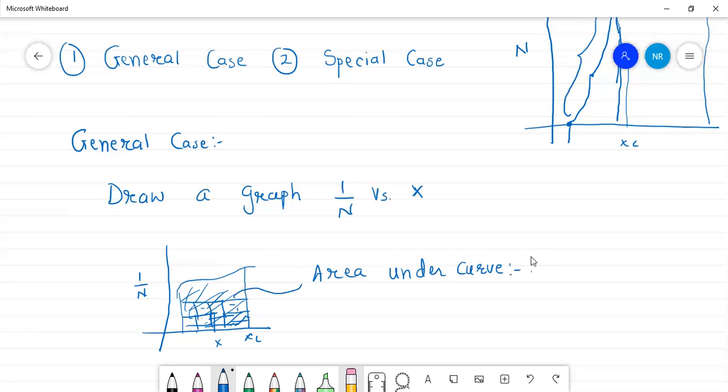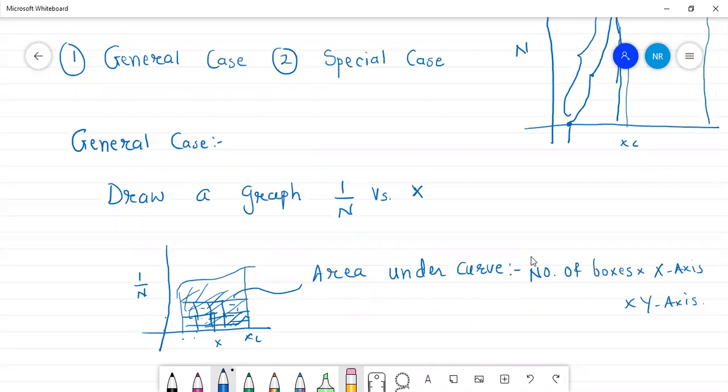So number of boxes multiplied by the x-axis value multiplied by the y-axis value gives the area under the curve. Once we know the area under the curve, we can calculate the time required for drying. So this is for the general case.